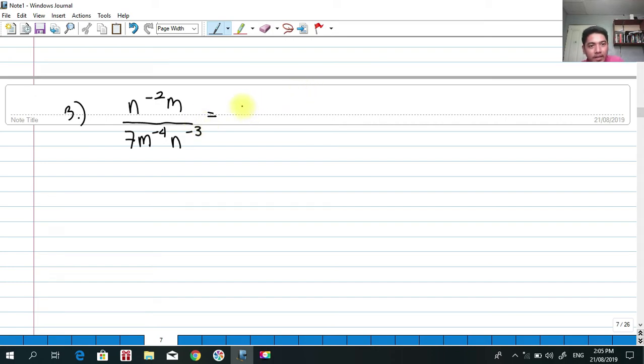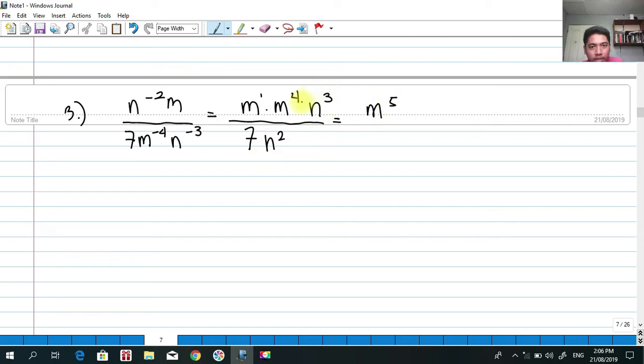So what will happen is that we have m here, which is this m, and multiplied by m raised to 4, because we get the reciprocal. Then we have n cubed over, we have 7, which is this, and we bring down this, we have n squared. So simplifying, we have m raised to 1 multiplied by m, that is m raised to 5.